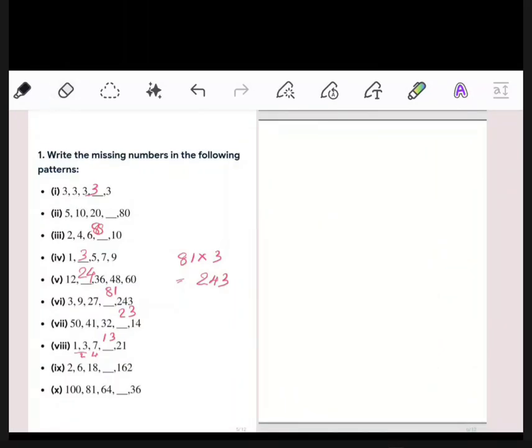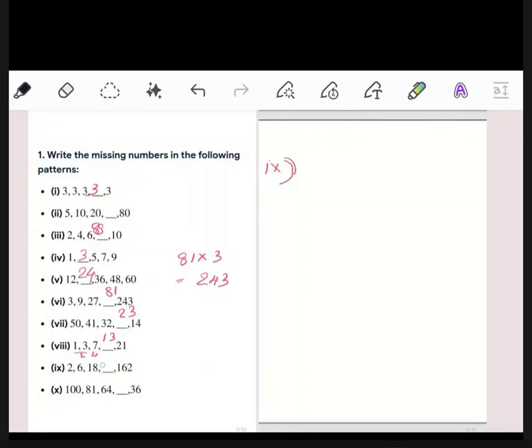Let's move to the 9th question. 2, 6, 18, dash, 162. So we can check this by the first set of numbers: multiplying 2 by which number do we get 6? 3. So 2 into 3 is 6, 6 into 3 is 18. So the pattern is going by multiplying by 3.